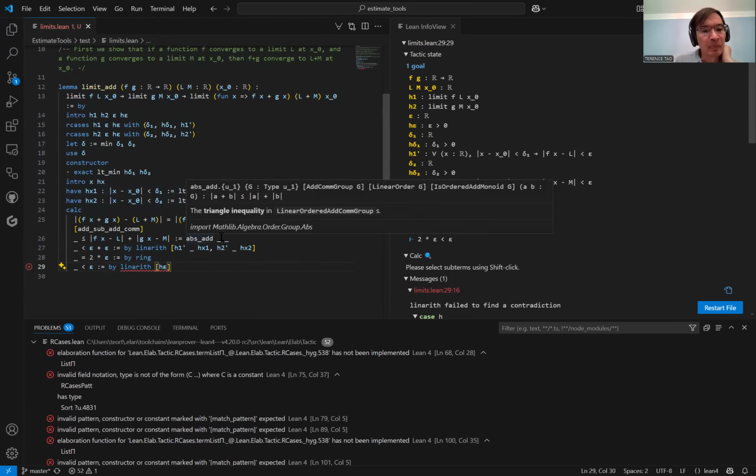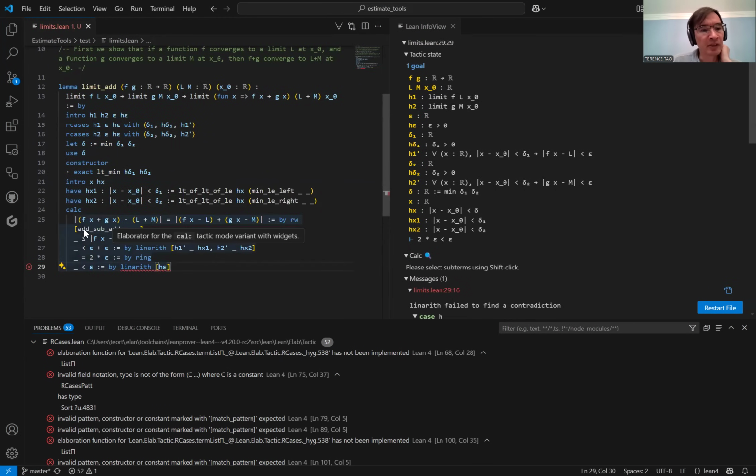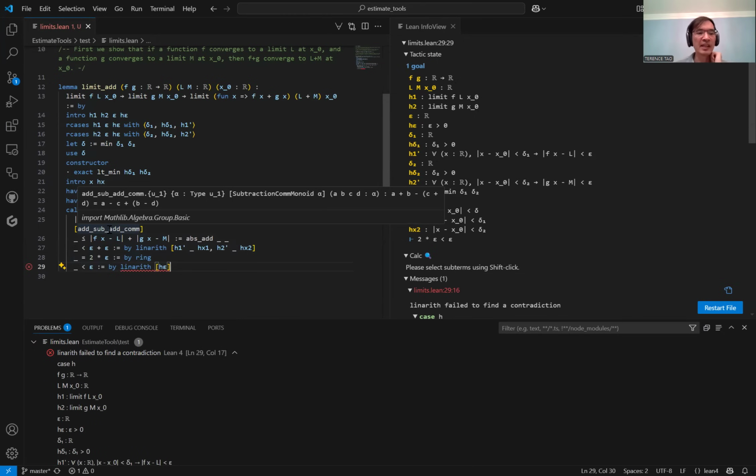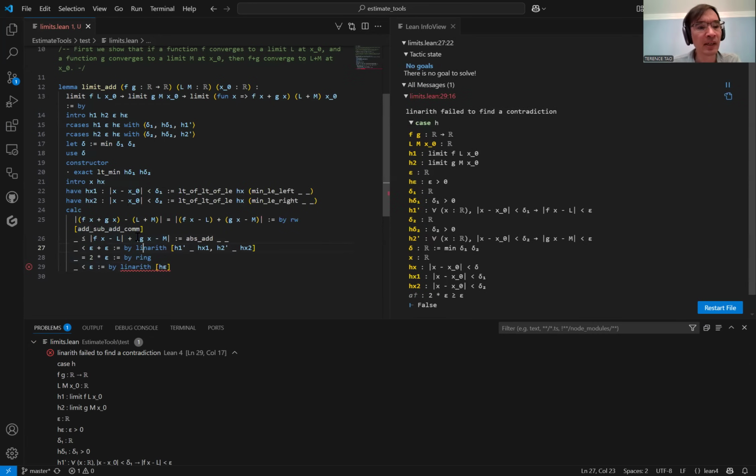Okay, so GitHub provided a correct alternative. Yeah, there's a lemma called add_sub_add_comm. If you take a sum a plus b, subtract another sum c plus d, then in Mathlib there is already a lemma that rearranges that, and that's exactly what's needed here.